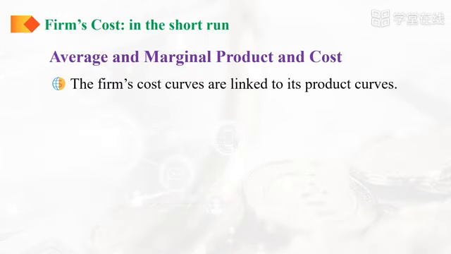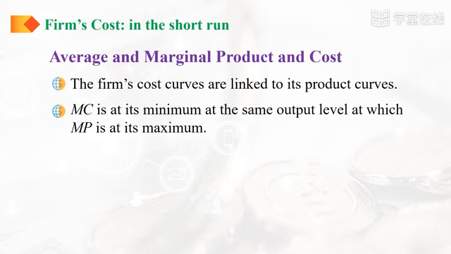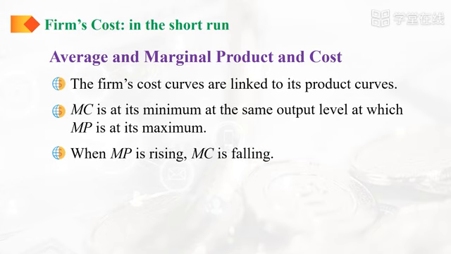The firm's cost curves are linked to its product curves. Marginal cost is at its minimum at the same output level at which marginal product is at its maximum. When marginal product is rising, marginal cost is falling.